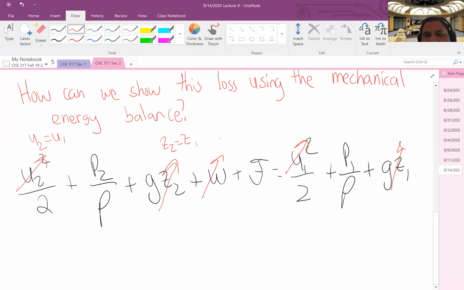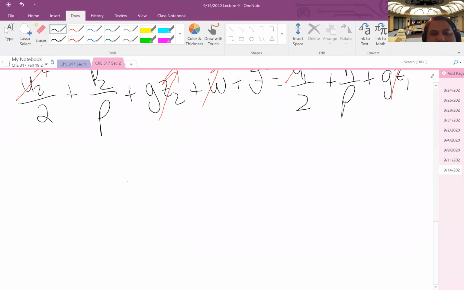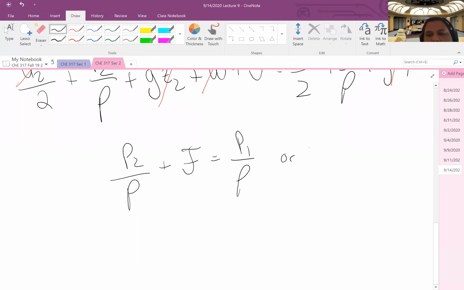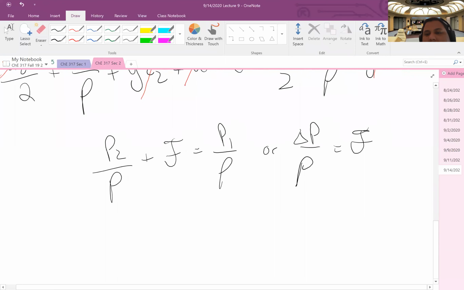So what I'm left with is simply an expression that says P2 over rho plus friction equals P1 over rho, or delta P over rho equals that friction, which we can also call delta P_S over rho for skin friction.